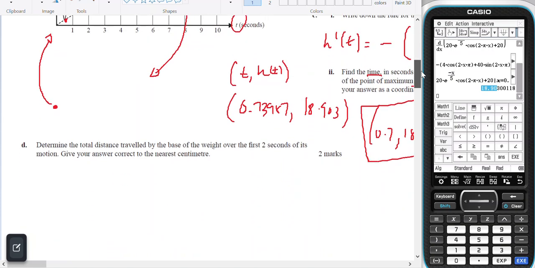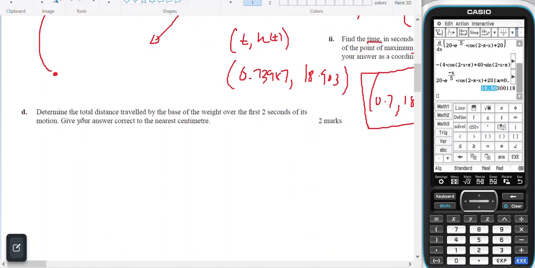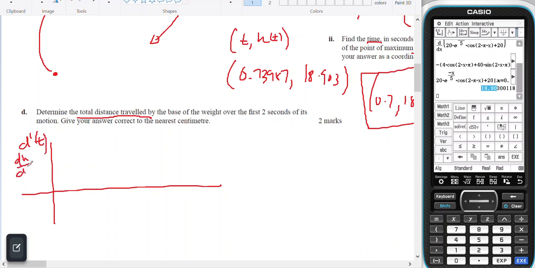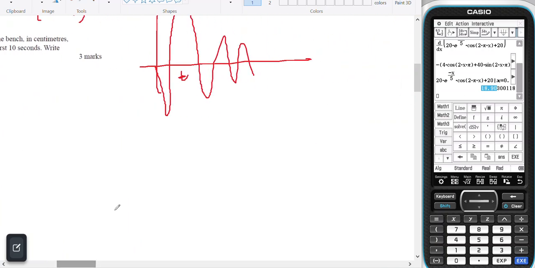And determine the total distance travelled. If I've got a graph of h dash of t, that is dh/dt against t, the area under the curve will be the distance travelled. So now I'm looking at the graph of the derivative, and I want to know the area of the derivative for the first 2 seconds.